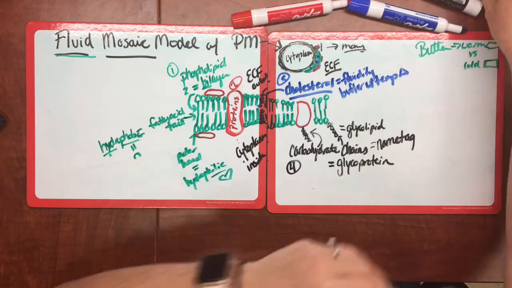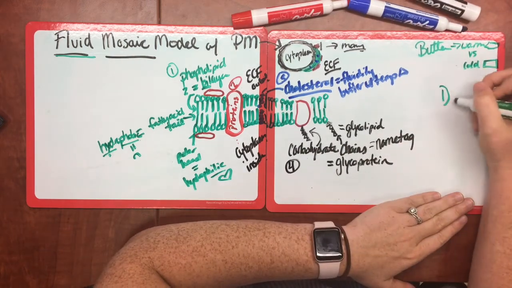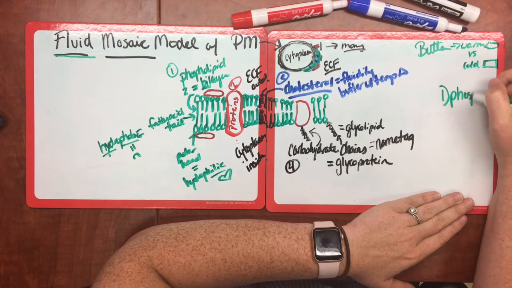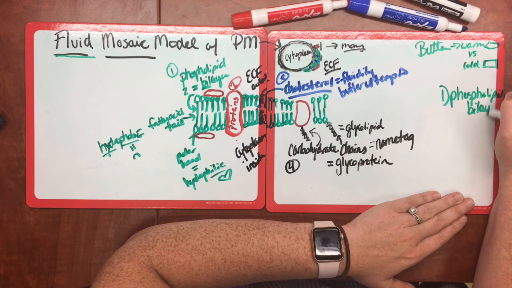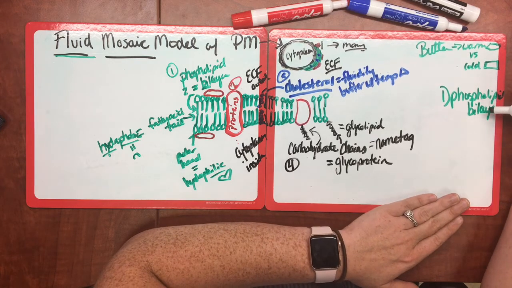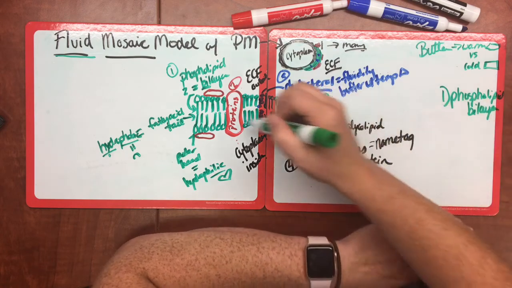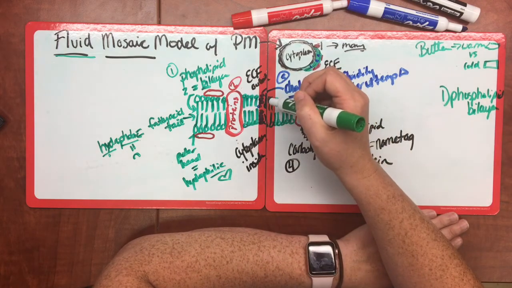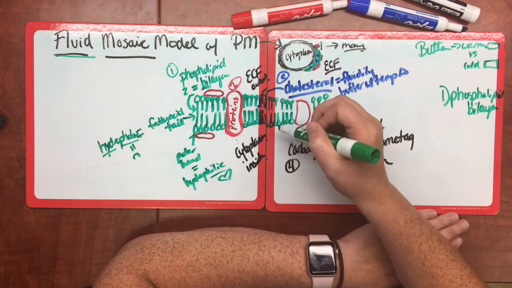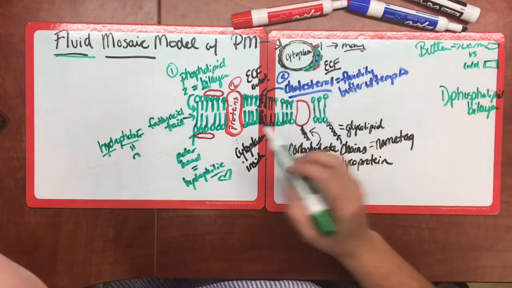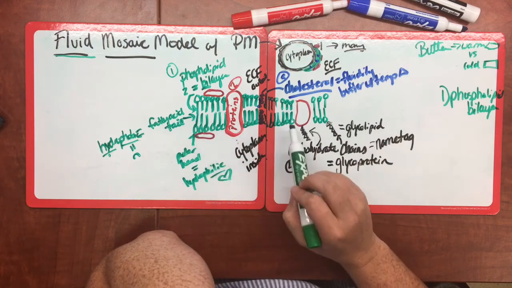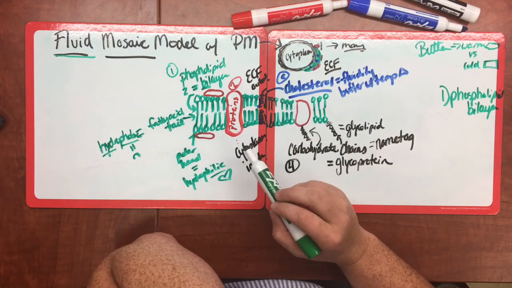So let's put that all together. Number 1, the phospholipid bilayer. The really important part of the phospholipid bilayer is that it has a hydrophobic inner portion and a hydrophilic outer portion, and that's going to only allow certain things to go through the membrane. Things that don't quite jive with this middle portion can't get through; they're going to need help.